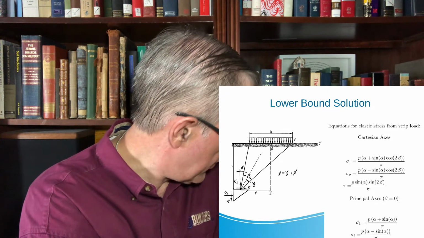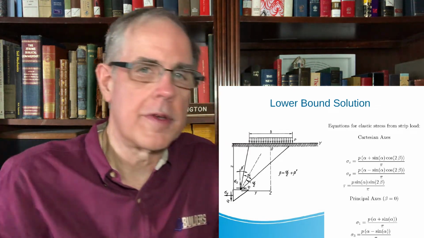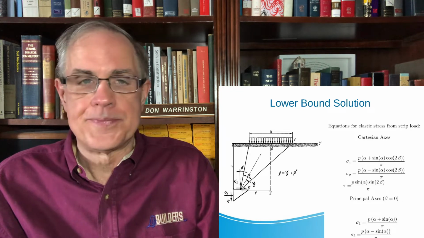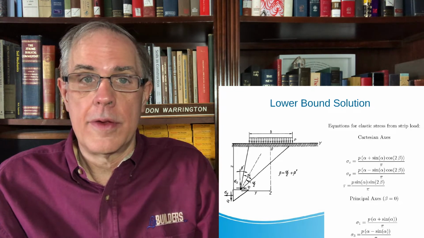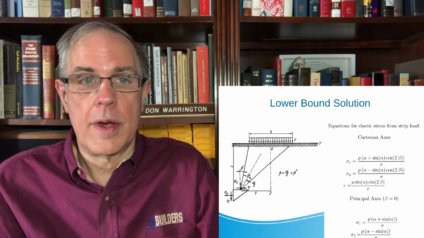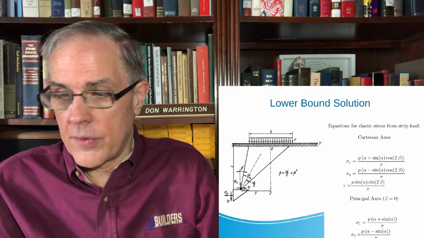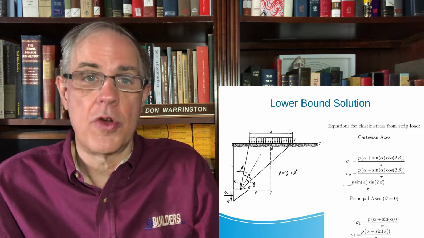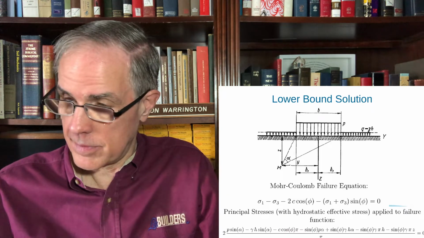Halfway between the two, alpha over 2, is the principal axis. Along the principal axis the solution is considerably simpler than if we stick with sigma z, sigma y and tau. So these are much simpler, and of course there's no shear on the principal axis.